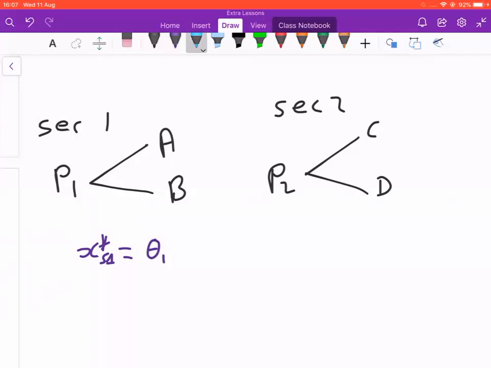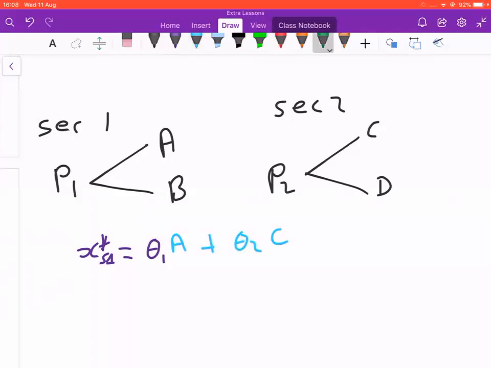If you bought a theta amount, theta one of security one times its payoff A, plus theta two times the payoff of security two, which is C, right?